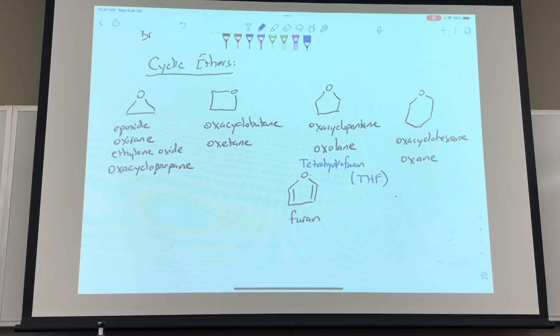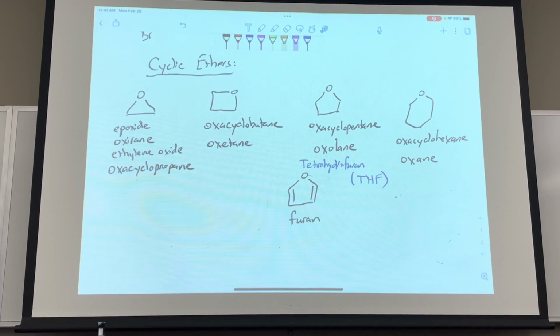The one above, the one below, this one is furan, this one is tetrahydrofuran. Is that one name we want to know? I'm not going to test you on it, but you probably have or will see it. It's very, very common to do Grignard reactions or LAH reductions in THF.